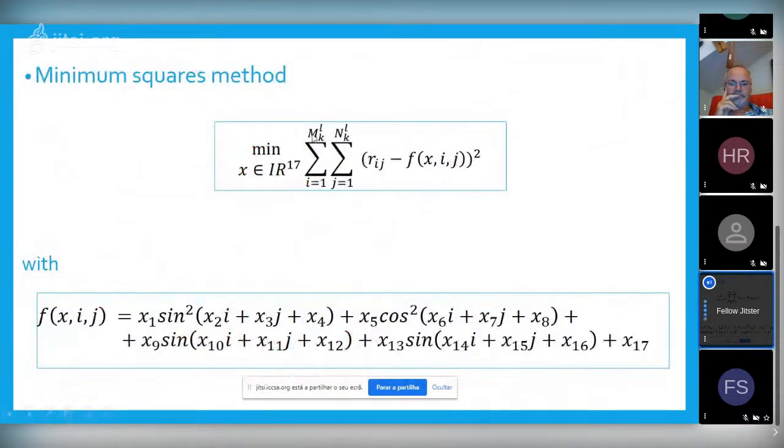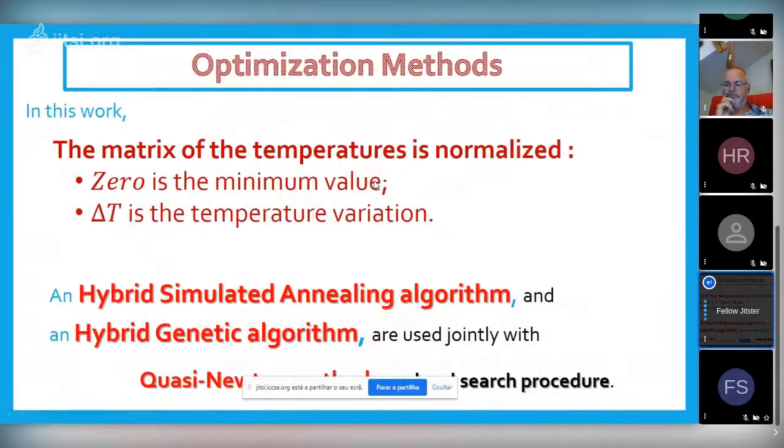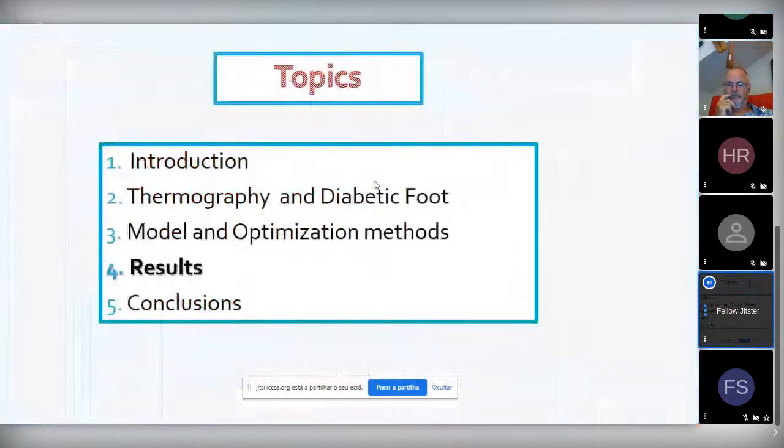We use the least squares method, comparing the value of the function at pixel ij to the real value of the temperature. To pursue the study, we use the normalized matrix of temperatures, and we use 2 hybrid algorithms to solve the least squares problem: simulated annealing and the genetic algorithm, with a quasi-Newton procedure for local search.